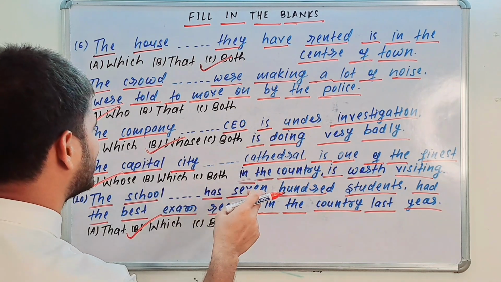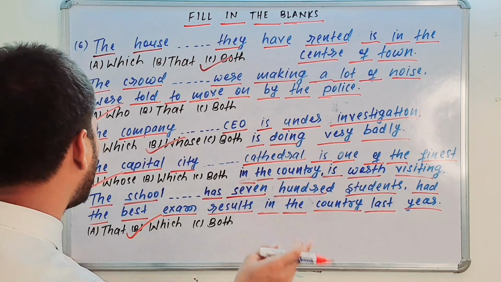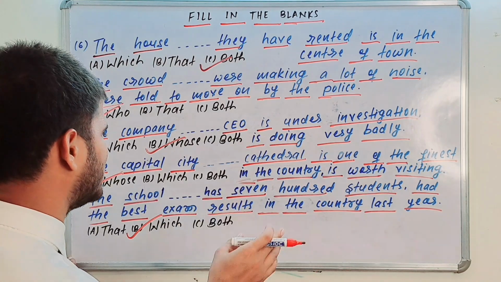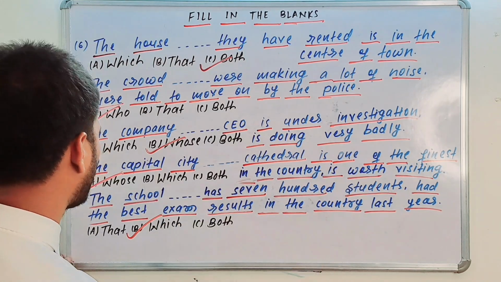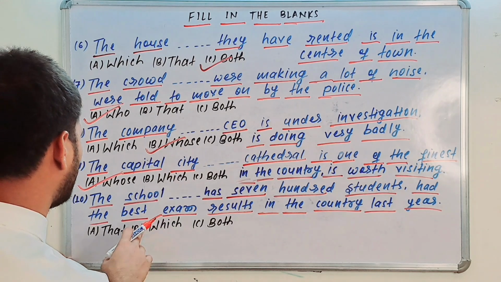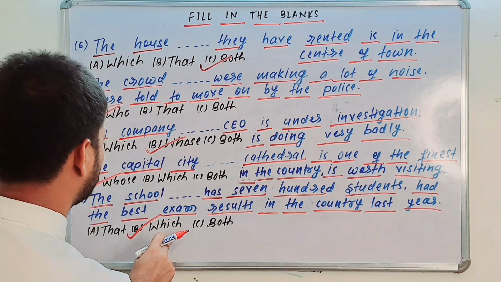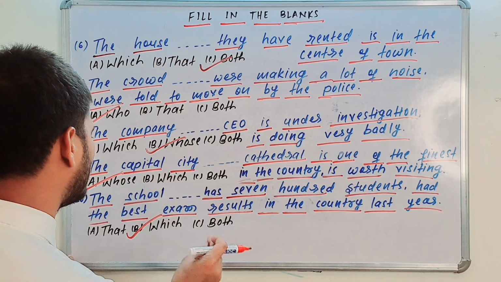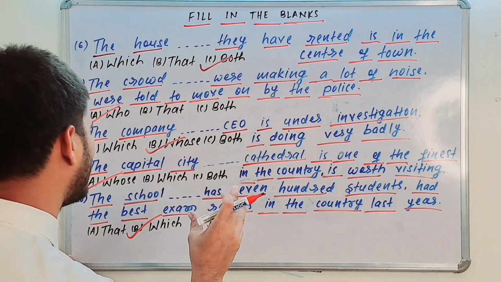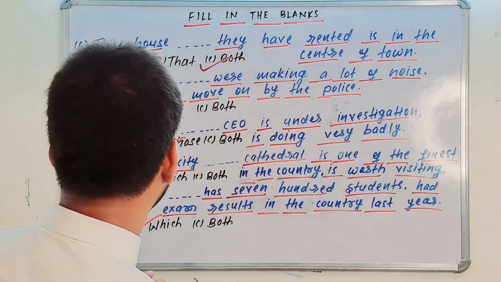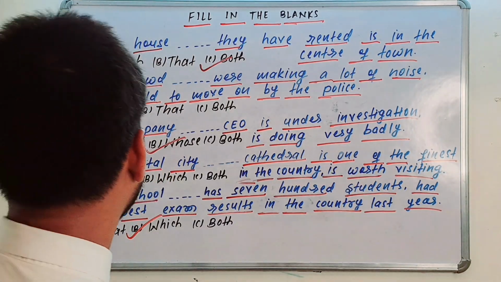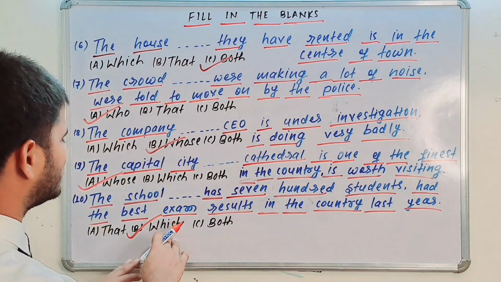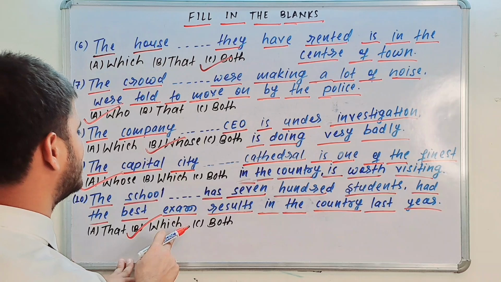The school which had 700 students had the best exam results in the country last year. So fill in the blanks with option B, which. And I told you which is only used for animals, things, or an idea. If you have any idea, you can use this relative pronoun which.